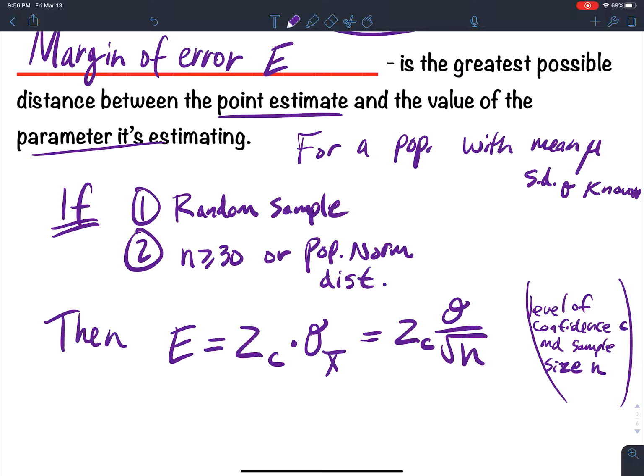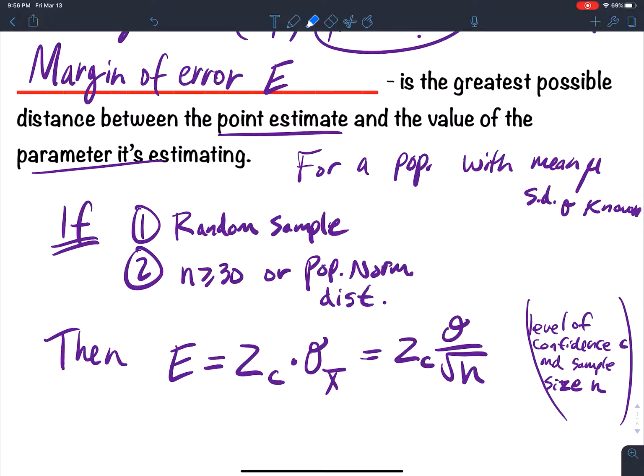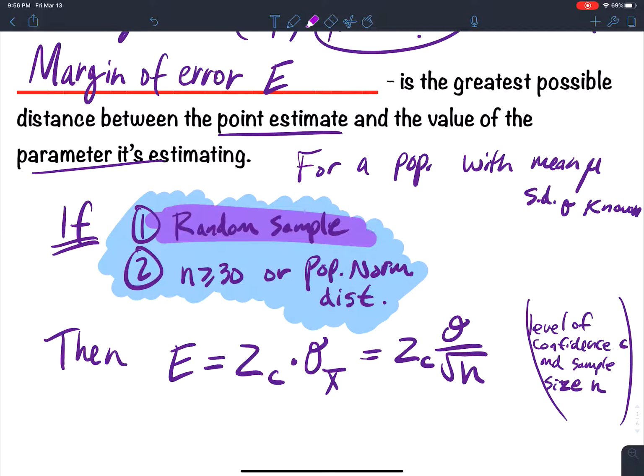Now, I can't stress this enough. This is our Ferrari here. So in order to use the Ferrari, we have to have these two things true. Now, spoiler alert: all the problems you're going to work on in this class are going to be random samples. If the sample wasn't done in a random process, then it's junk in, junk out.